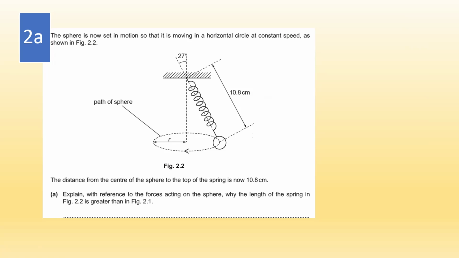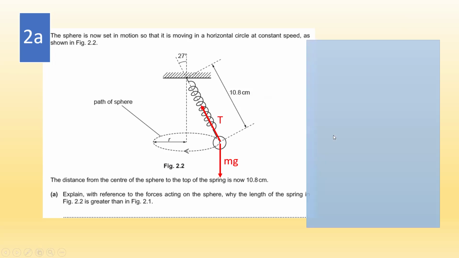Okay, you can draw the picture to understand what's happening. There's your weight mg, there's your tension T. Previously the tension in the spring equals the weight. Now the vertical component of tension balances the weight. The horizontal component provides a centripetal force. So that's why now T is greater than your previous value.